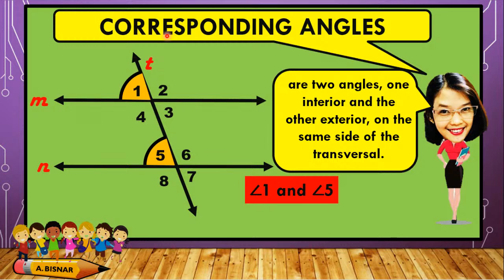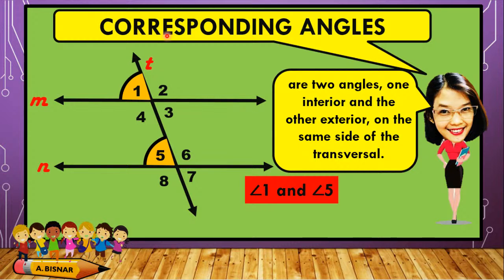Try to find out what are the other corresponding angles. 2 and 6, 3 and 7, 4 and 8. Wow! The first 3 students who answered differently. And that's very good to see that all of you are really trying out what those corresponding angles are all about.